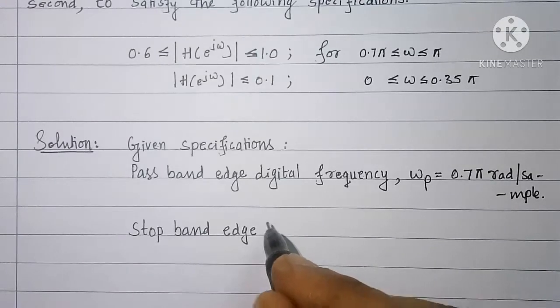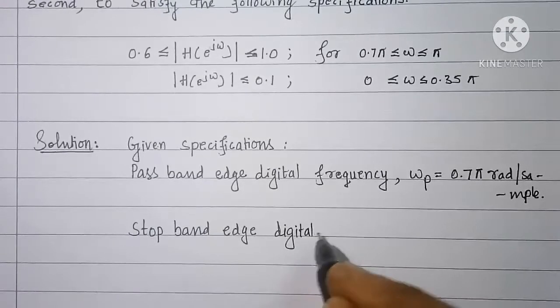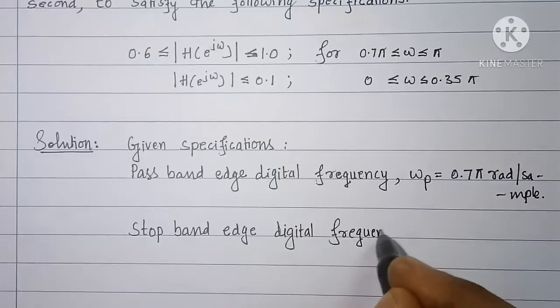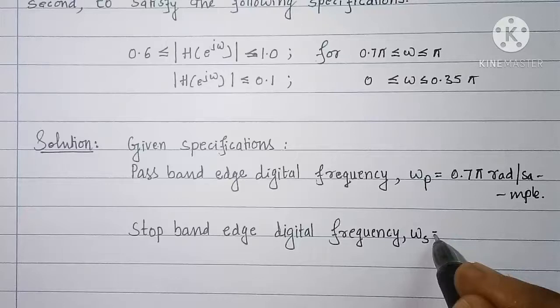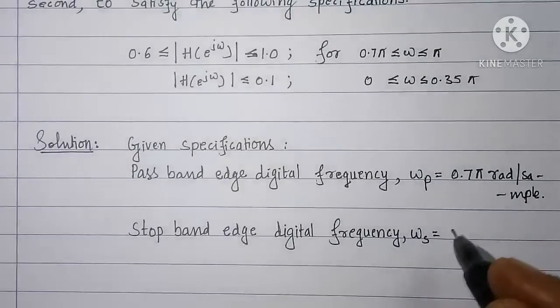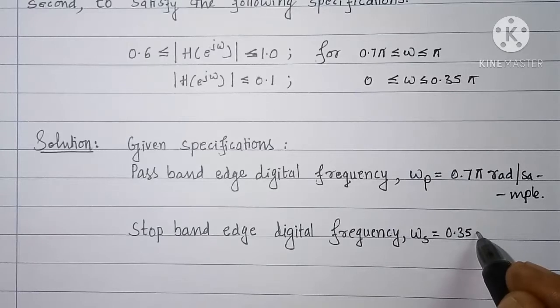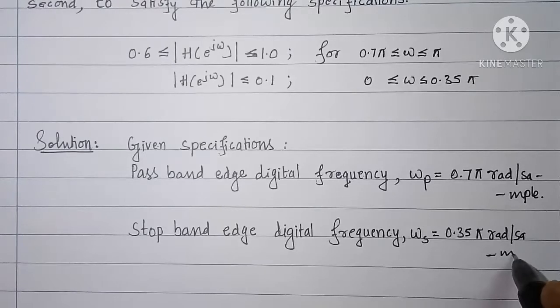Stop band edge digital frequency omega s is 0.35 pi radians per sample.